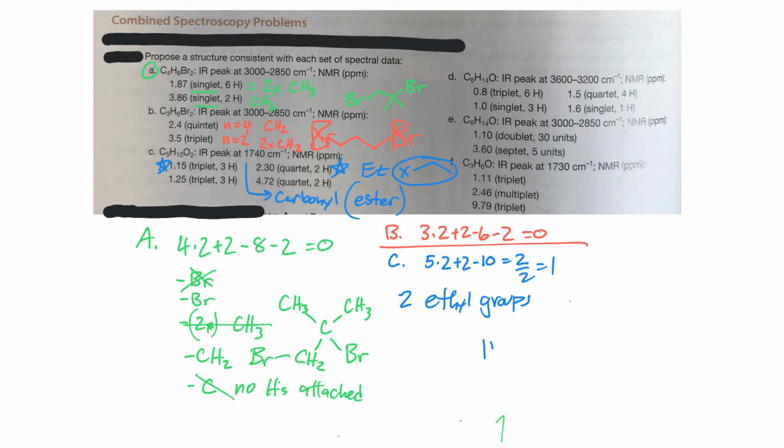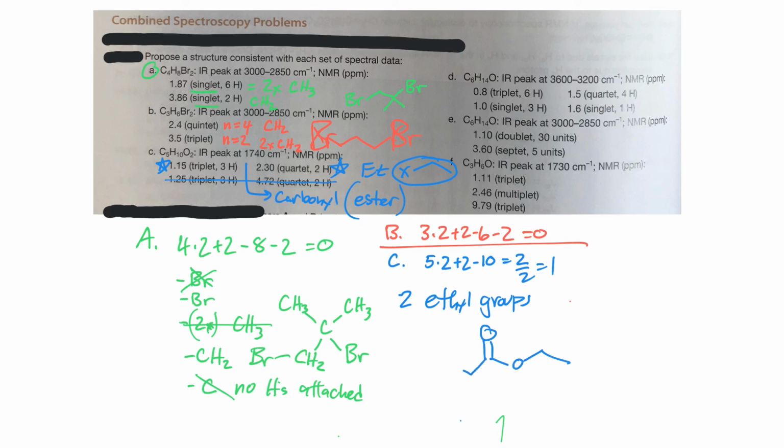So what we have is probably an ester with an ethyl group attached to the O. So the R group in the ester is ethyl in this case. And that takes care of, most likely, these larger shifted triplet and quartets. And that leaves only one other ethyl group.